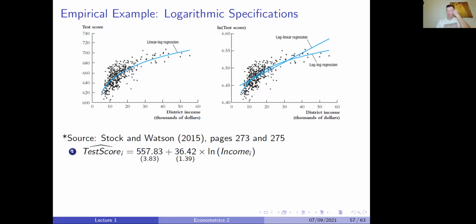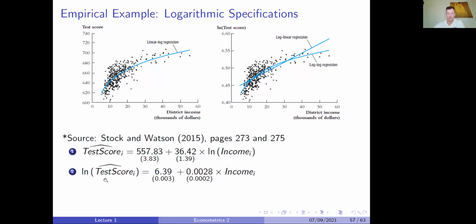So now let's look at the estimates. Here, the linear-log model. What is the interpretation of 36.42 once again? If income changes by 1%, test score changes by 0.3642 points. So you need to divide this coefficient by 100.